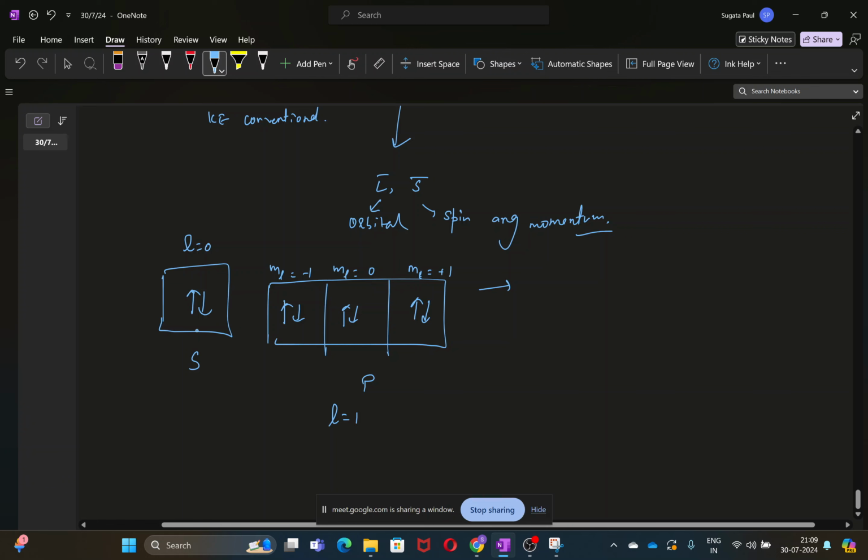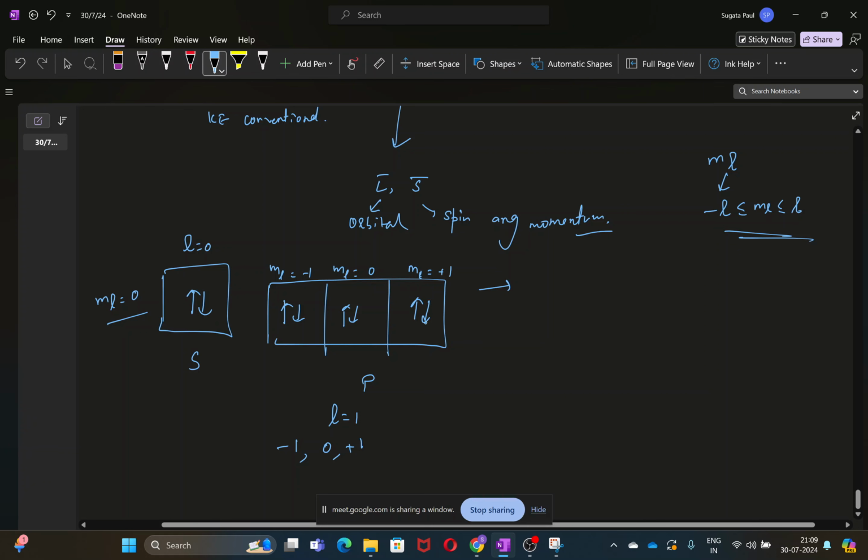For s, L equals 0, so ml has a fixed value of 0, because ml is the z component of the orbital angular momentum L. The ml value varies from -L to +L. So for L equal to 0 in the s orbital, ml is simply 0. But for L equal to 1 in the p orbital, ml can be -1, 0 and +1 according to this formula.